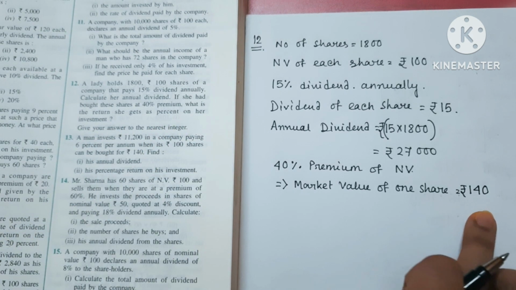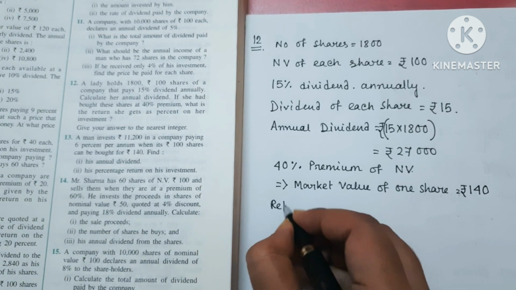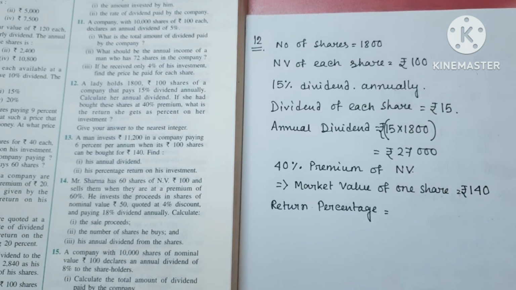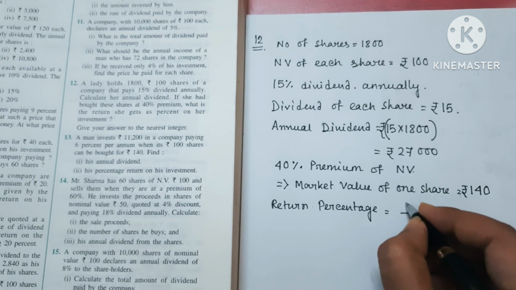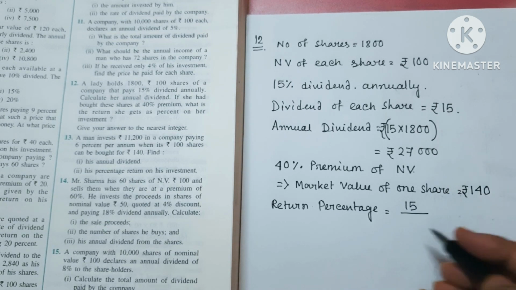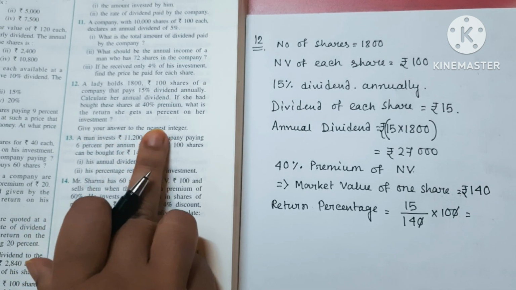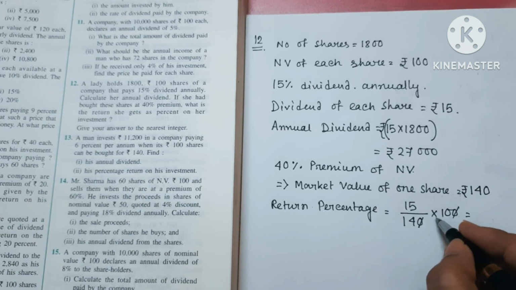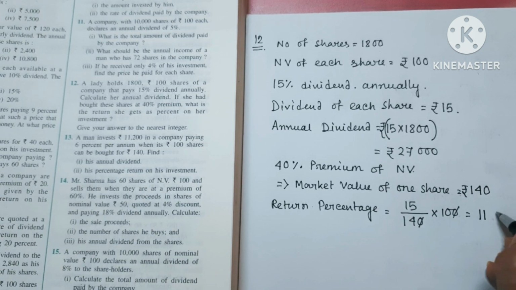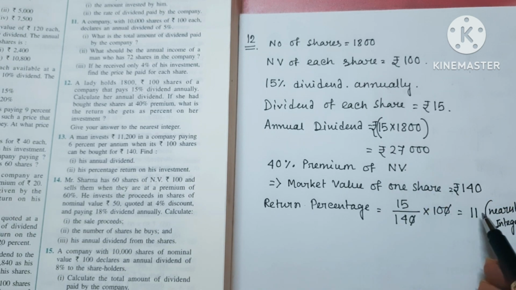So you have to find the return percentage, which will be on market value obviously. So 15, that is the dividend, by market value 140 into 100. Your answer to the nearest integer will be 10.71 something, so the nearest integer is 11. So this will be answer 1 and answer 2.